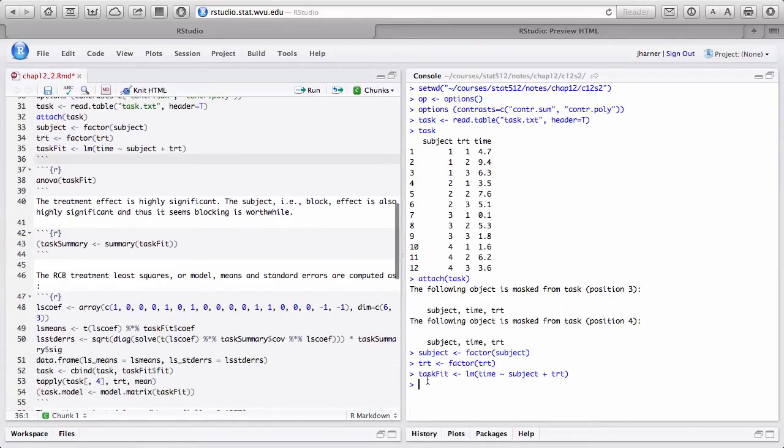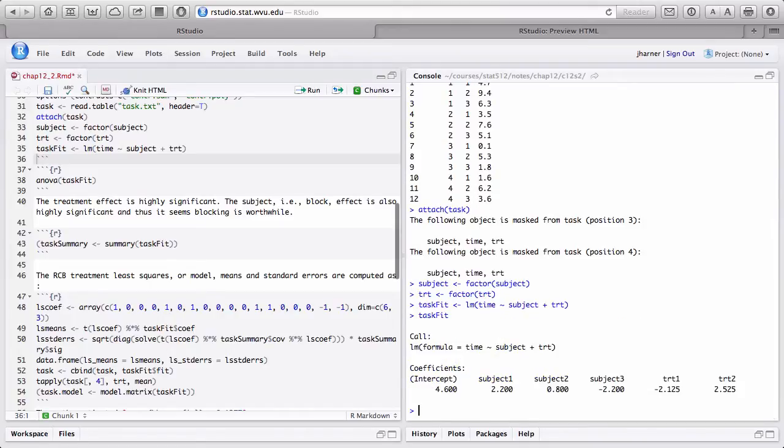Now the basic print for this object doesn't tell you that much. The basic print just tells you the formula, and these are the estimates of the coefficients. And notice there are 4 subjects, but because the sum of the alpha sub i's equals 0, alpha 4 is not displayed, which would be subject 4.